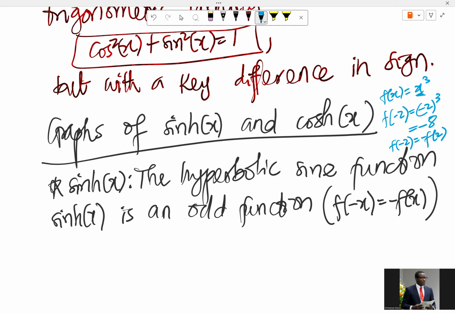We are going to contrast that with an even function very soon. So it is an odd function, and this is the meaning of what an odd function is.